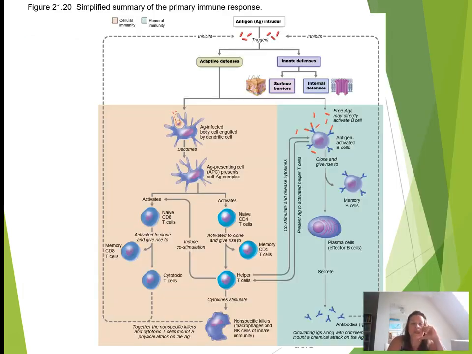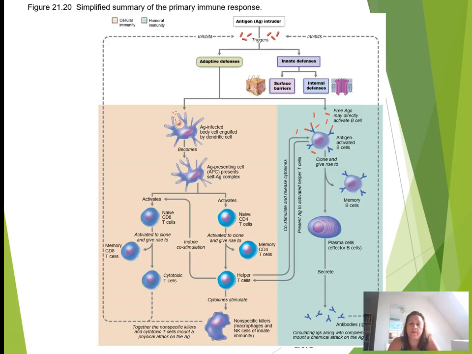All right, so this is the simplified summary of the immune response. We have an antigen that comes in, our adaptive defenses versus our innate defenses. If we go to the right first, let's start with the innate defenses. The surface barrier, the internal defenses, say it still gets in. It may activate the B cell, right, and may create antibodies. On the right-hand side, if it gets in, we have the antigen-infected body cell engulfed by dendritic cells.